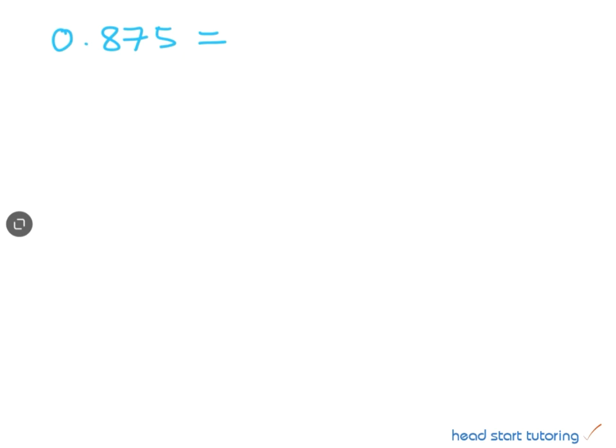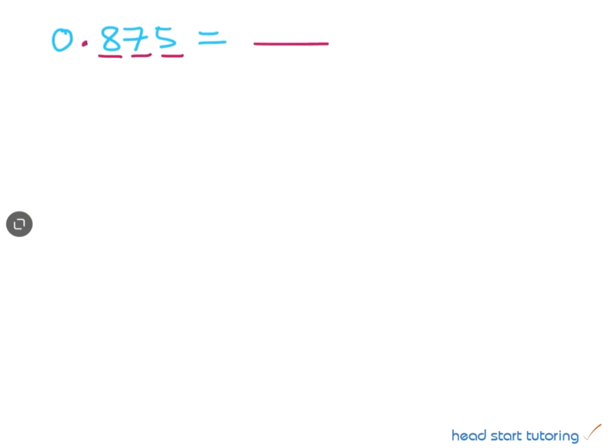If we would like to convert 0.875 into a fraction, what we first need to do is consider how many decimal places there are in this decimal. A decimal place is a digit after the decimal point. So there's our decimal point, and we have 1, 2, 3 decimal places after the decimal point.